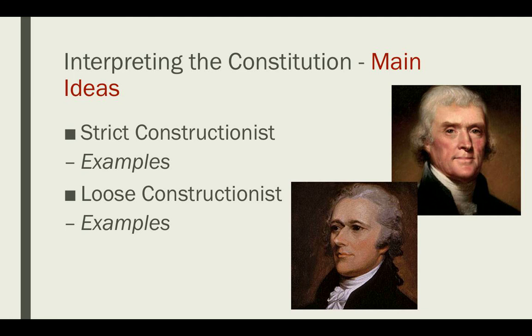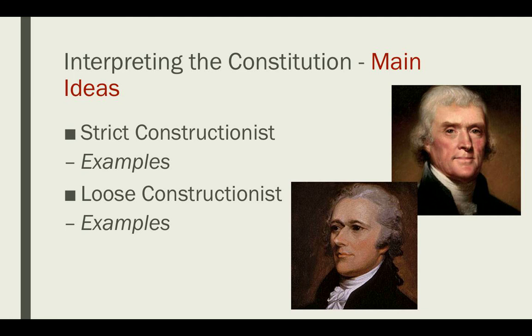There is no wiggle room. It is very strictly stated what we can and cannot do, and that's it. If it's not written on the page, that's it. The example of this, a person who supports a strict constructionist view of the Constitution, is Thomas Jefferson.